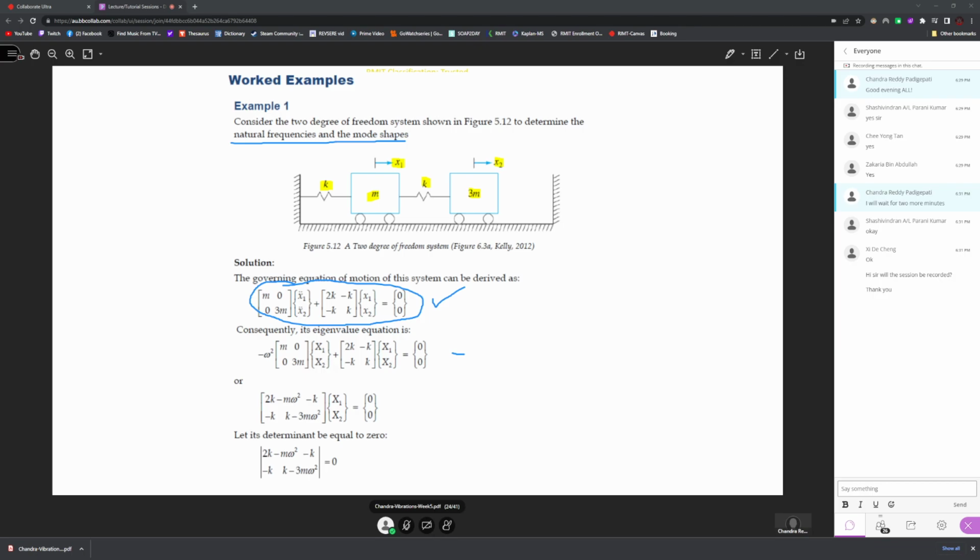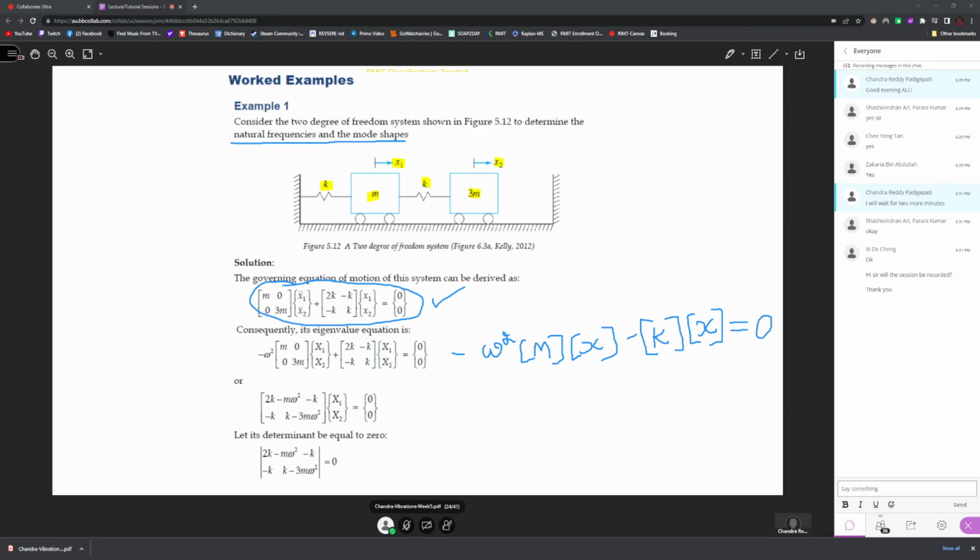Then you need to make sure that negative omega square, mass matrix M into the displacement matrix, minus Kx should be 0. K is the stiffness coefficient matrix, then X the displacement matrix. You need to be quite familiar with this formula to solve for the natural frequencies.